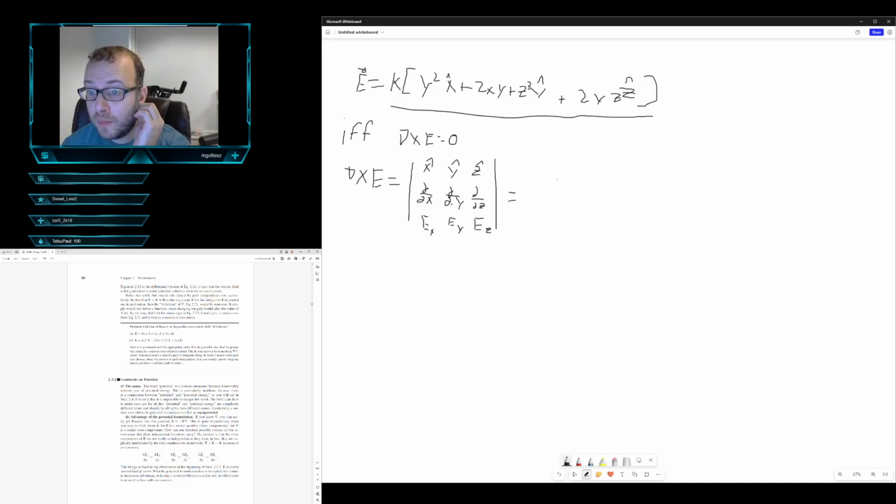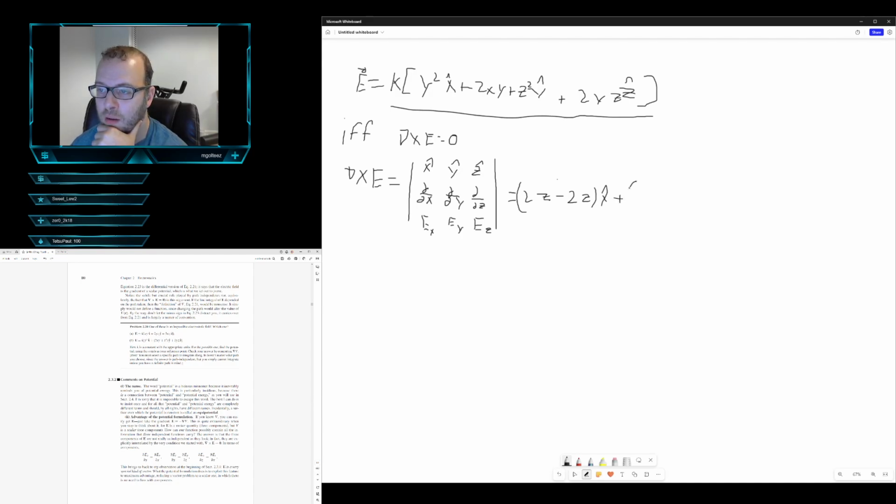So first, partial y with respect to z is going to be equal to 2z minus partial z with respect to y, and we see that we have a negative 2z here. So the x component is 0.